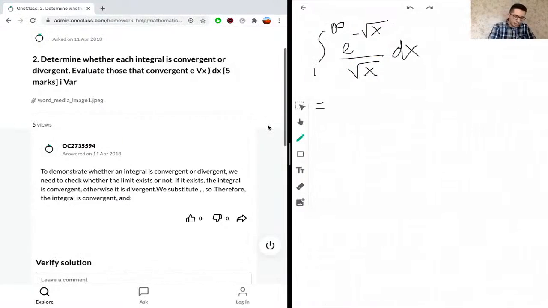So we start off by saying u is equal to negative square root x. You'll see why this is the case in a moment. We'll also say du over dx will equal negative 1 over 2 square root x.